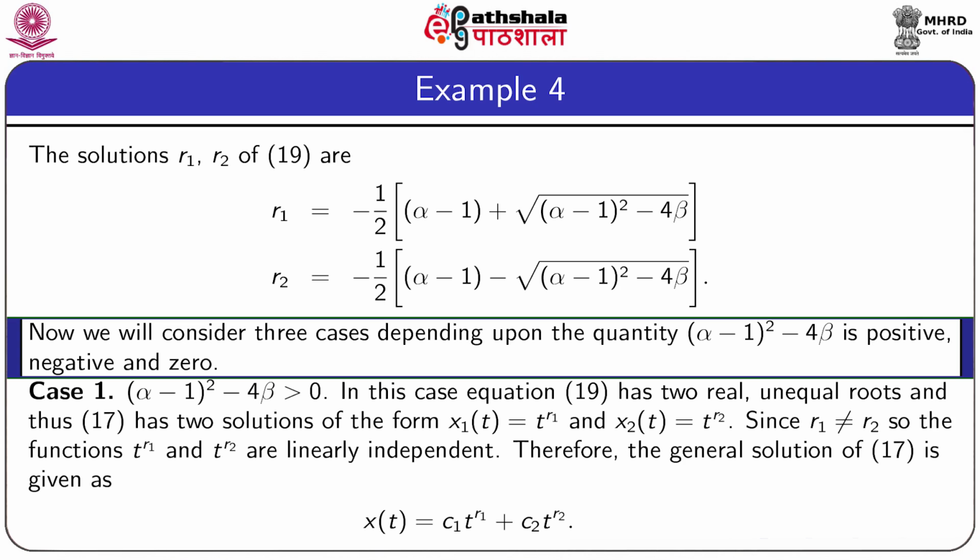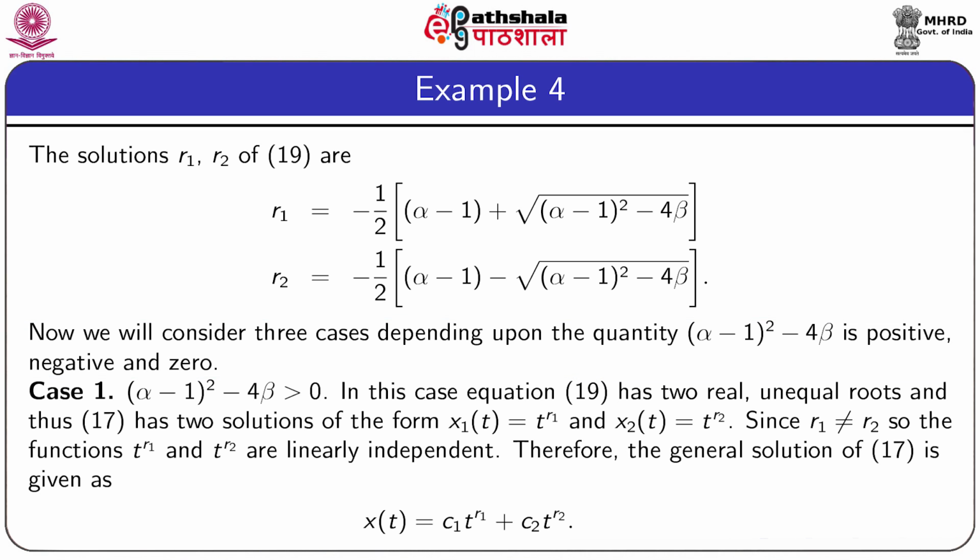Now, we consider three cases depending upon the quantity alpha minus 1 whole square minus 4 beta, whether it is positive, negative or 0. In case 1, we consider alpha minus 1 whole square minus 4 beta to be a positive quantity. In this case, equation 19 has two real unequal roots, and thus equation 17 has two solutions of the form x 1 equal to t to the power r 1 and x 2 equal to t to the power r 2.